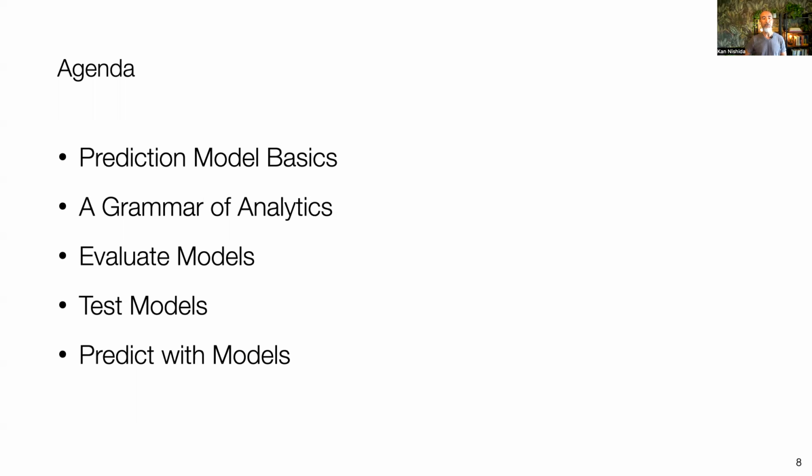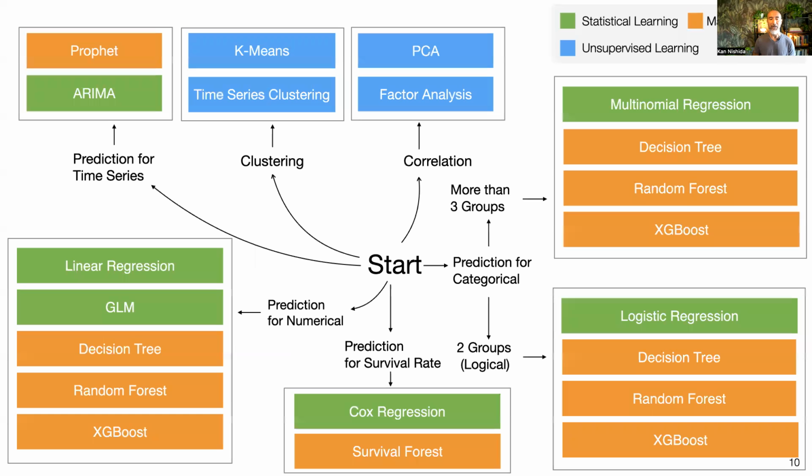And then the last three pieces, the main contents of this seminar, are how you evaluate the models, really about the metrics you can use. And then you test the models. And last but not least, you want to use that to predict for the data that you don't have the answers for yet. Okay, so let's start with the prediction model basics.